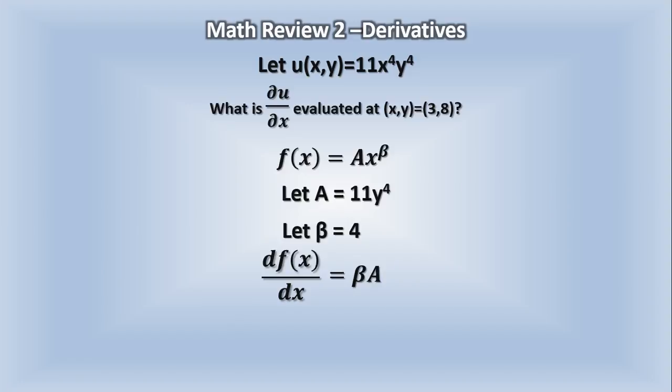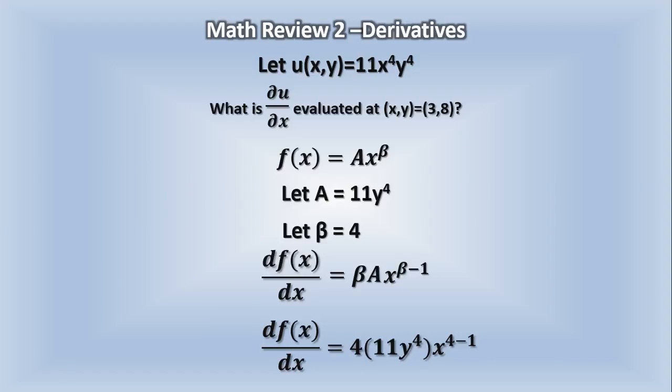Okay. Anyway, now I'm going to take the derivative of this with respect to x. So I'm going to multiply the whole thing by beta, subtract 1 from beta, right? And we know that beta is equal to 4, and we know that a is equal to 11 y to the fourth, everything else in the equation. So plugging that back in, 11 y to the fourth, we multiply the whole thing by 4, subtract 1 from the exponent of x, so we're left with 4 times 11 y to the fourth times x raised to the power of 4 minus 1.